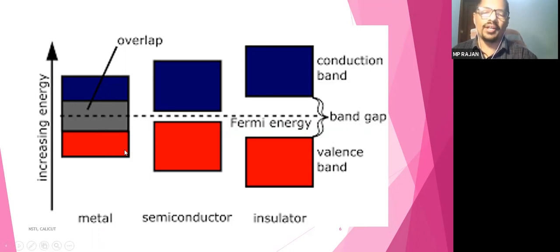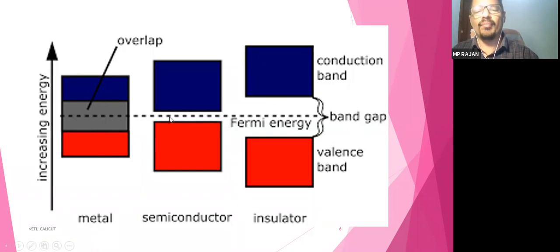And the property of semiconductor lies between metal and insulator. The gap between the valence band and the conduction band is less than that of an insulator but more than that of a metal.